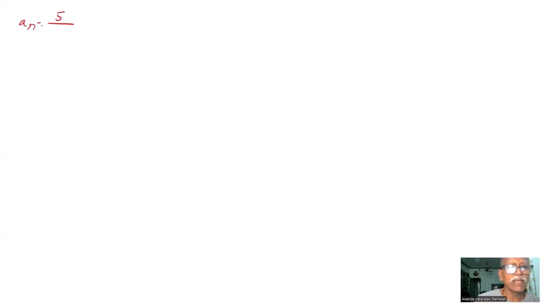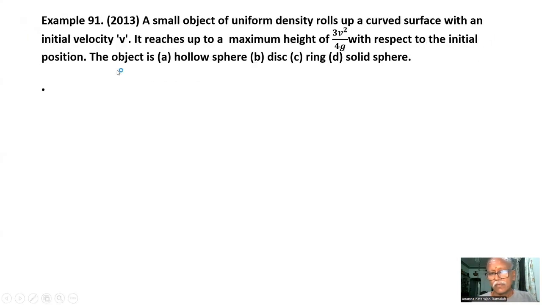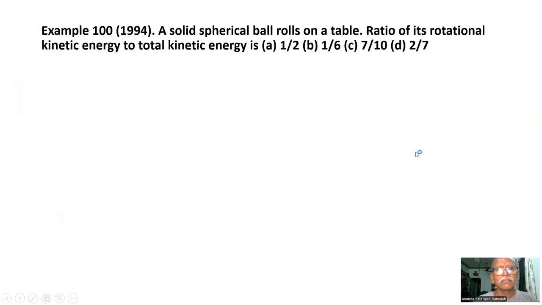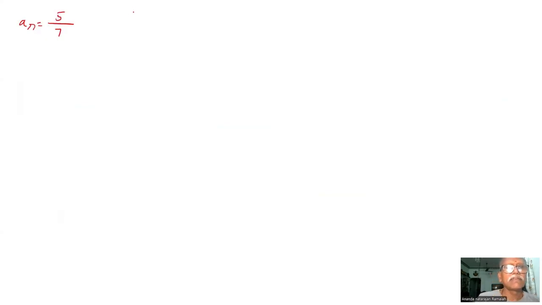A rolling equals 5 by 7 g sin theta. A slipping equals g sin theta.